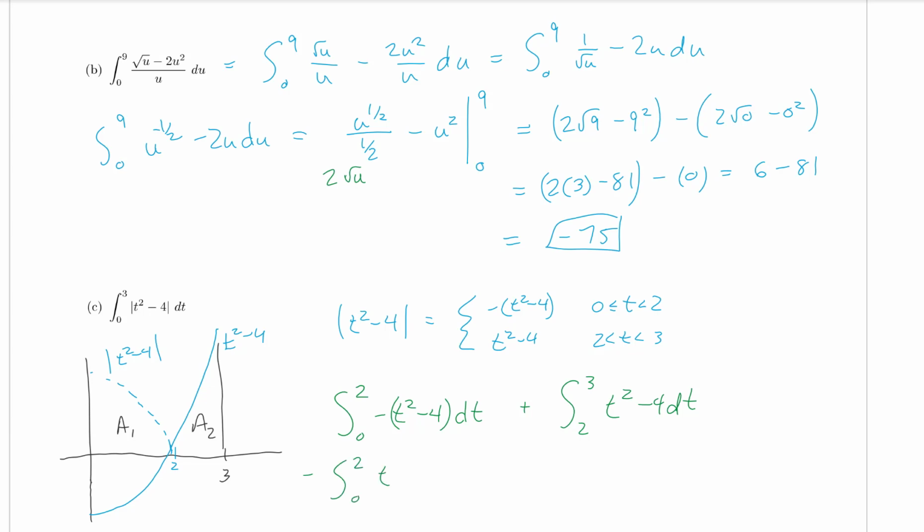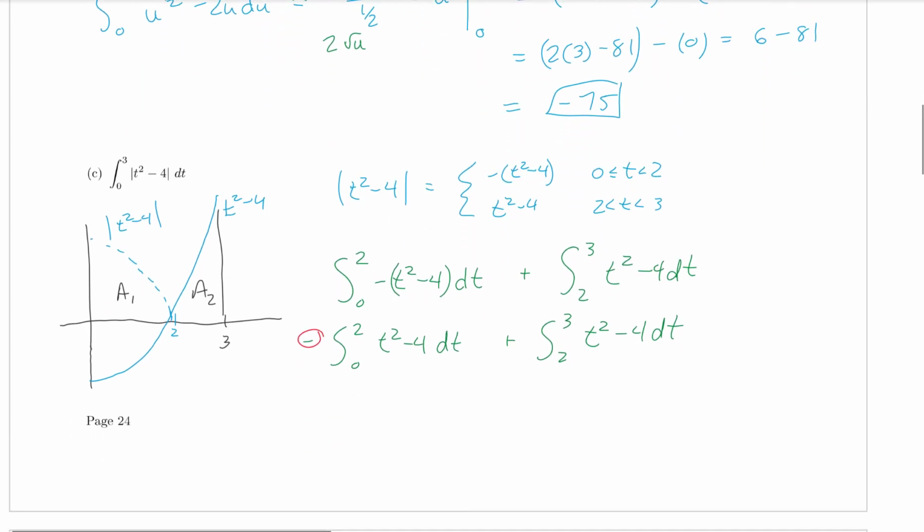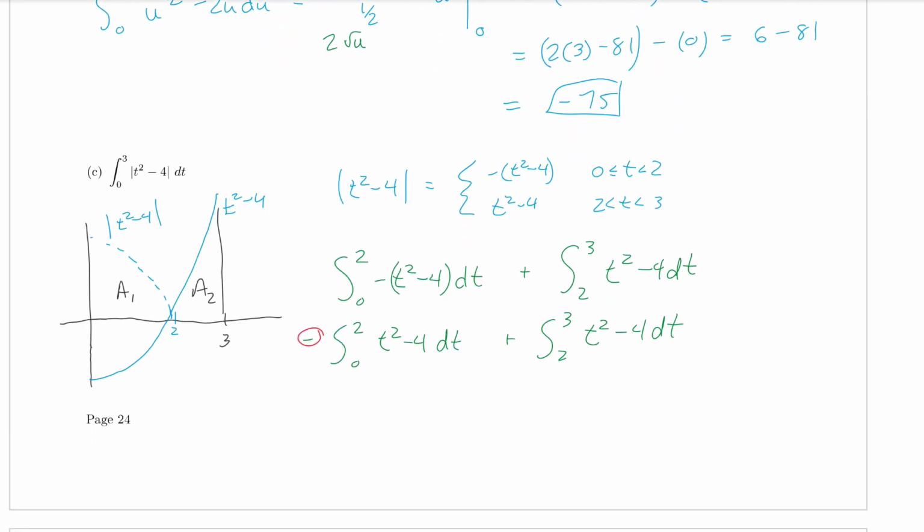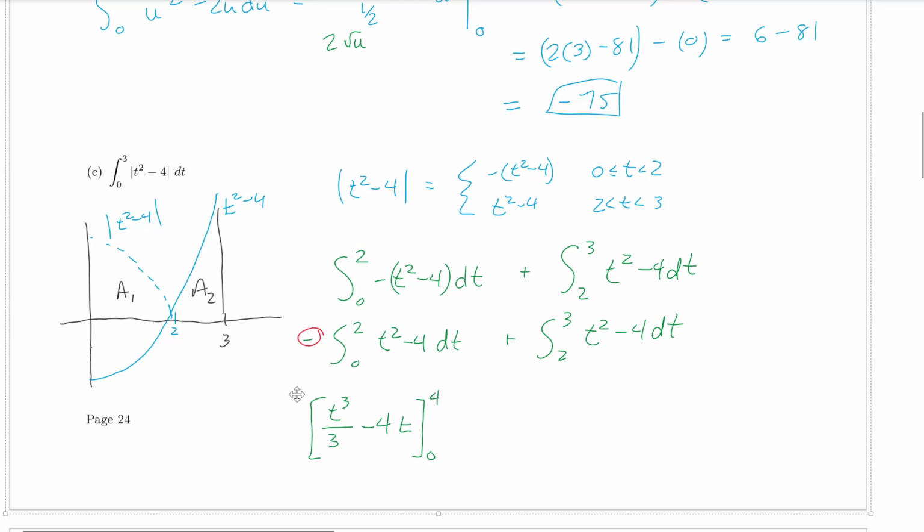So I have 0 to 2, t squared minus 4 dt, and then the integral from 2 to 3, t squared minus 4 dt. Now remember, I pulled out this negative right here because that has to do with our absolute value function. So the antiderivative is t cubed over 3 minus 4t, and we're going to evaluate that from 0 to 2. Notice here I use these big square brackets on the outside to say that the inside of this is being evaluated from 0 to 2, not 0 to 4.